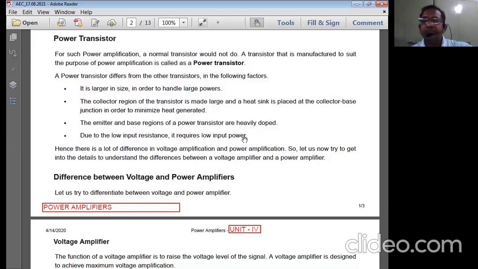By using feedback topology connections, we have intentionally increased the input resistance. That means for series mixing, we are increasing the input resistance.